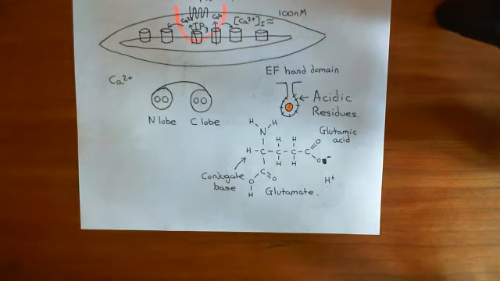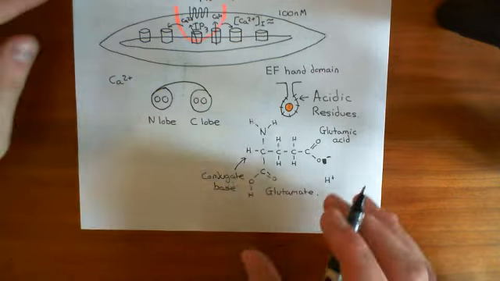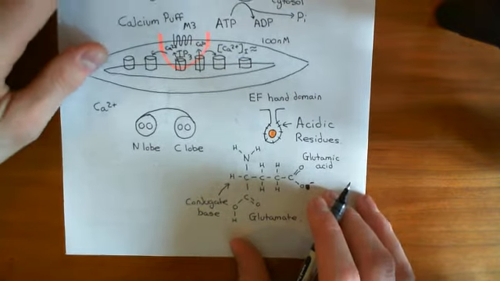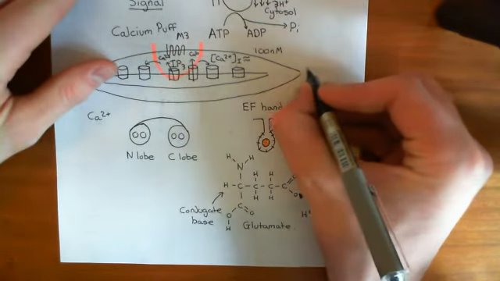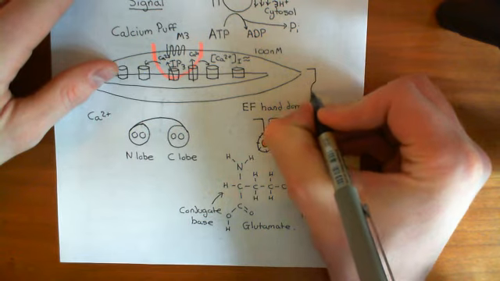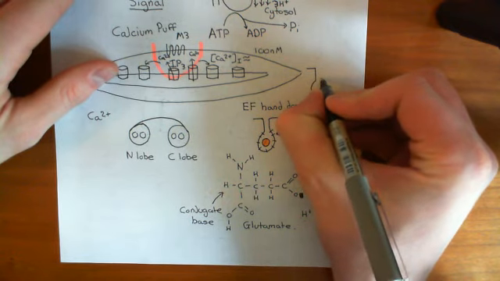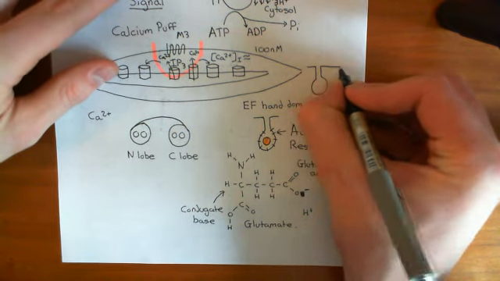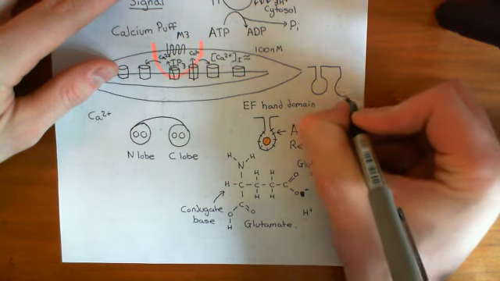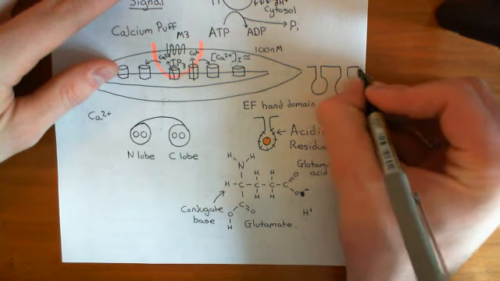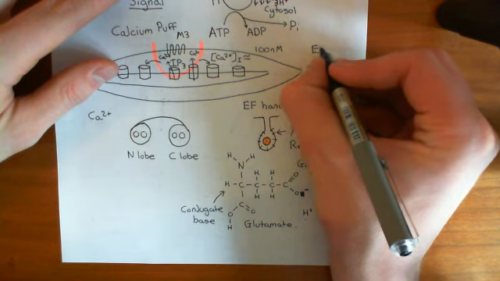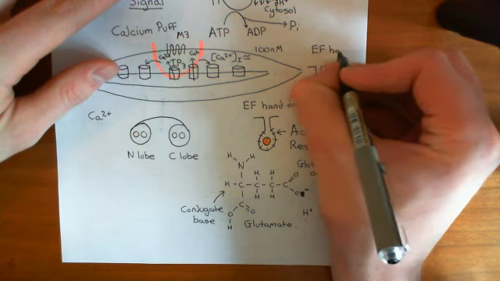Now EF hand domains don't generally exist on their own. They generally exist in dimers. So generally what you find is EF hand domains next to one another. So you'll have one like this, and it will have a neighbor attached to it. So you often find EF hand domains in dimers. So this is an EF hand dimer, basically.